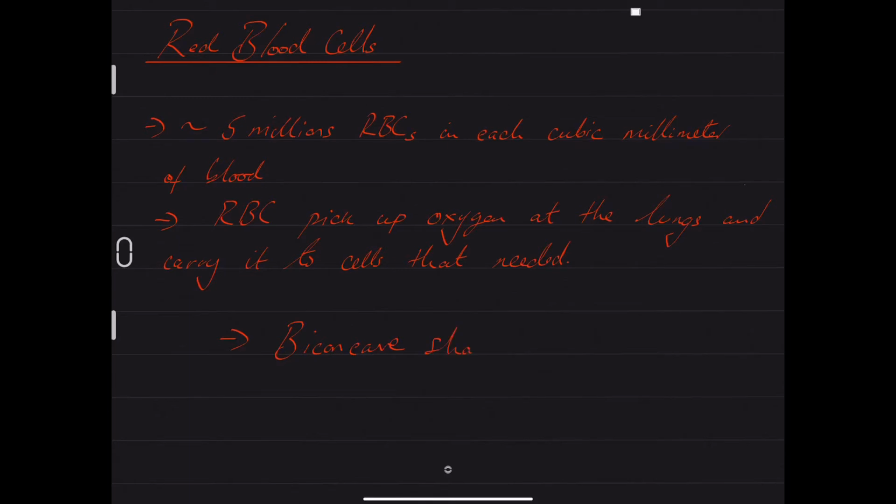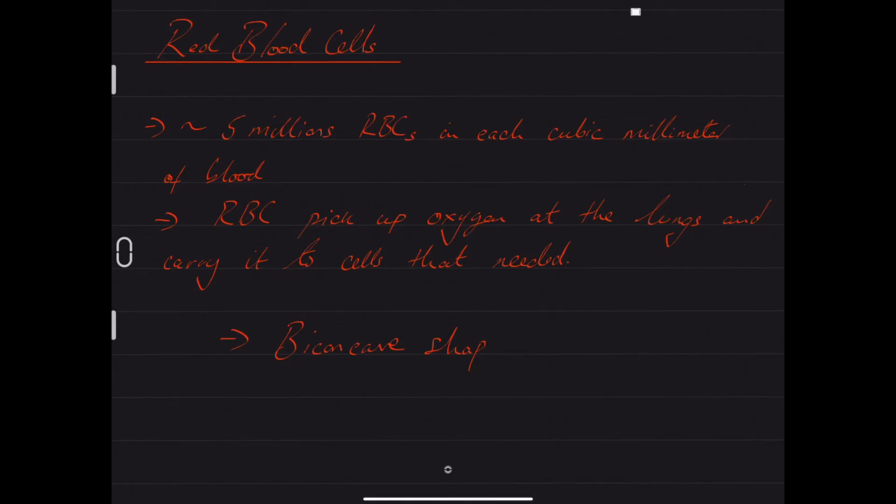And this means that it provides a larger surface area to volume ratio for the gases to diffuse in and out of the red blood cell.